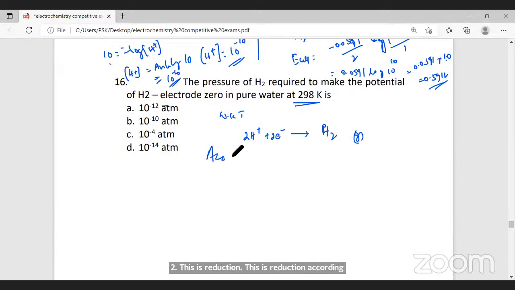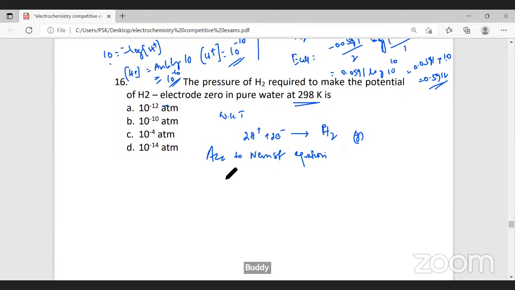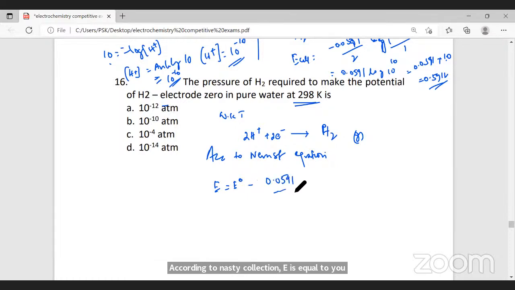According to the Nernst equation, E is equal to E naught minus 0.0591 divided by 2 log of pressure of hydrogen gas divided by concentration of H plus, the whole square.